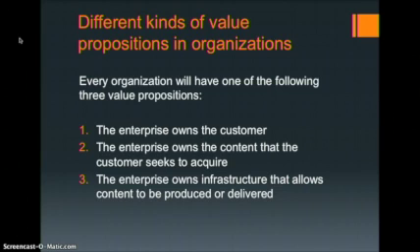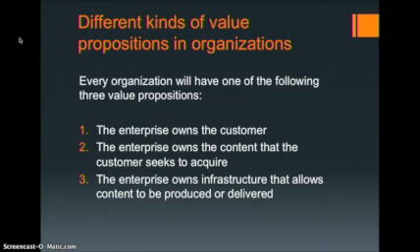The second type of organizational value proposition is when the enterprise owns the content that the customer seeks to acquire. This is clear from any service organization that we see today. If we want to buy groceries, then a retail chain like Walmart has the content that we seek to acquire.